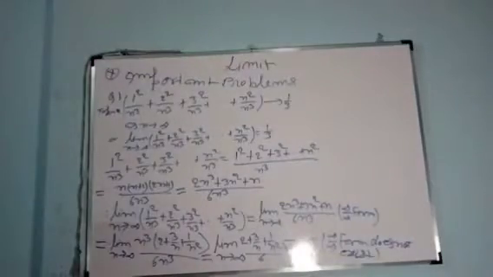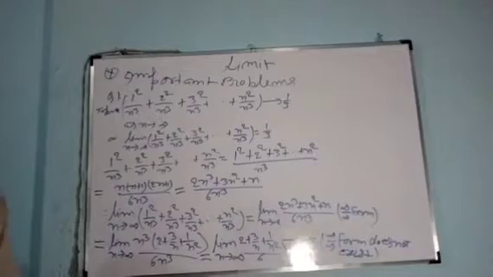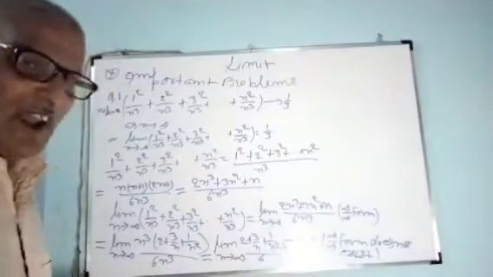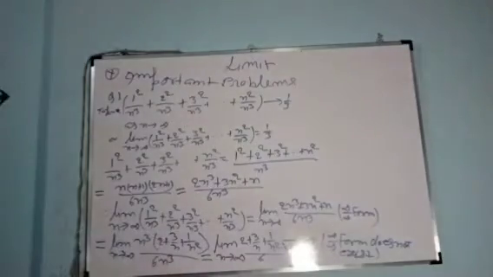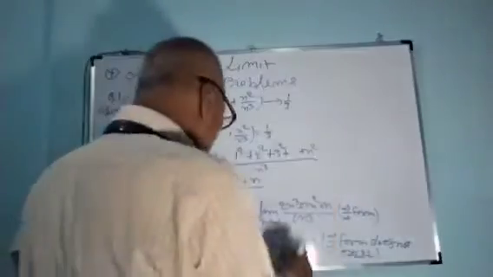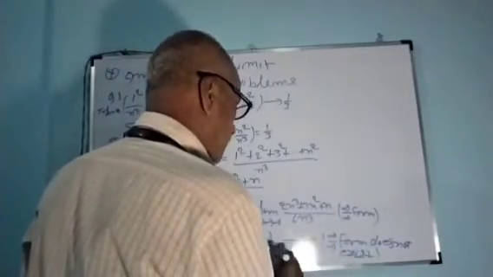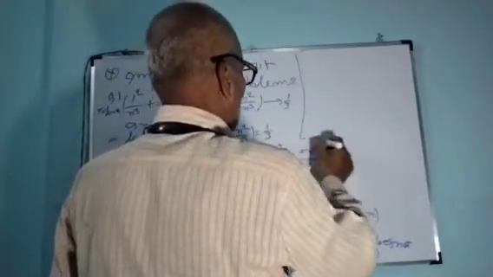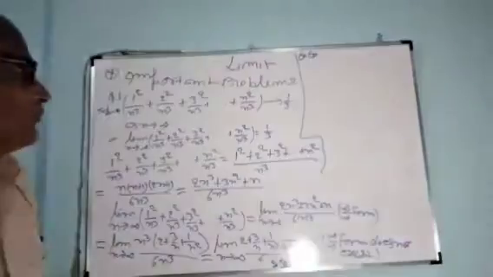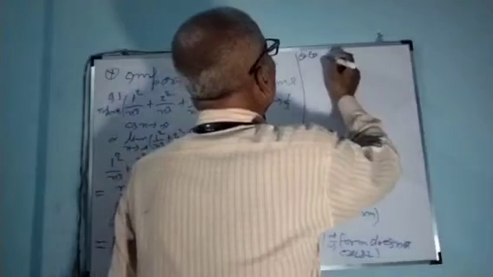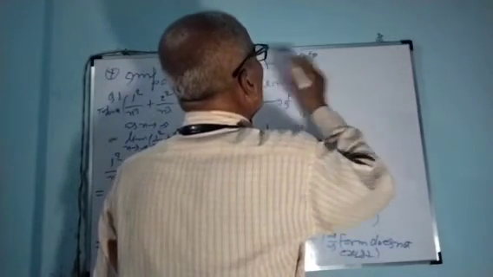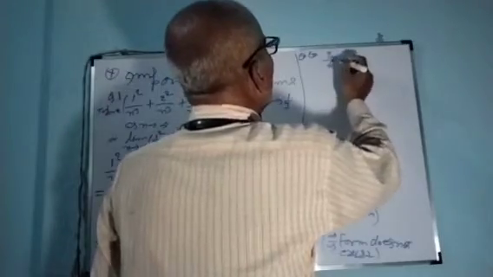Now we put the limiting value of the variable and get the limiting value of the function. We write it here above. 2 by 6.